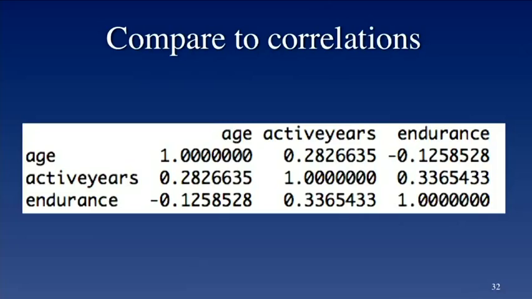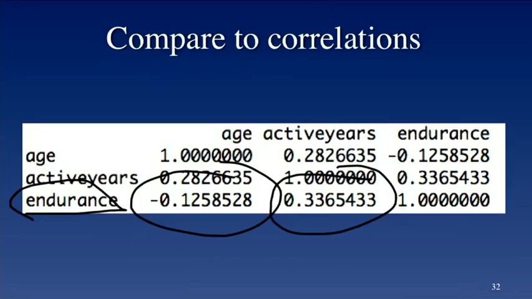So I got this output just by running the cor function on my data frame, and there's only 3 variables in there. And endurance is the outcome measure. Here's the correlation with age. We've seen that, negative 0.125 or negative 0.13. And here it is with active years, about 0.34.